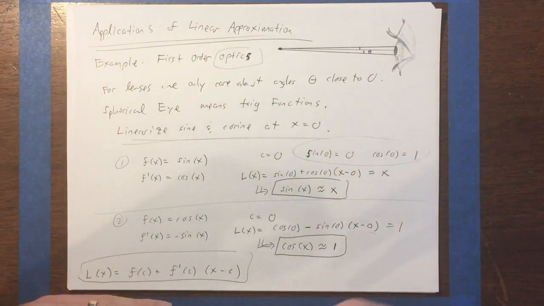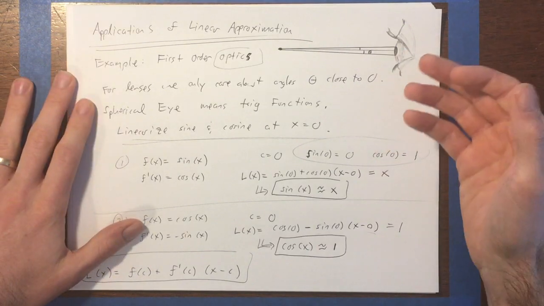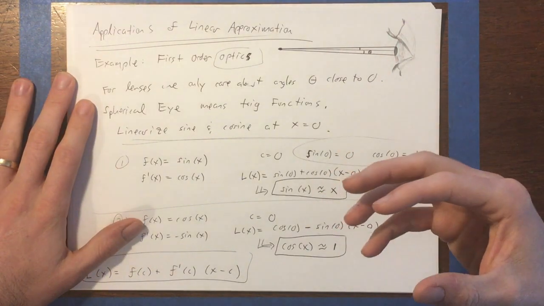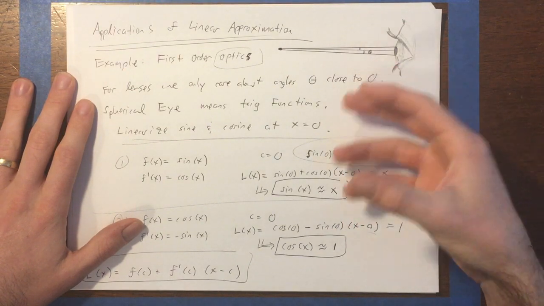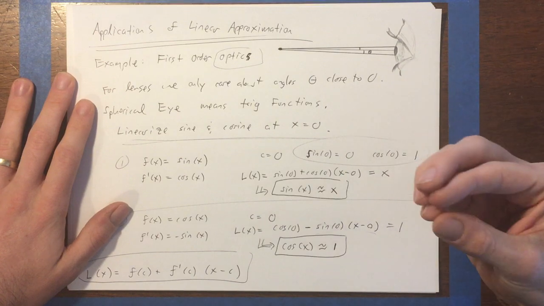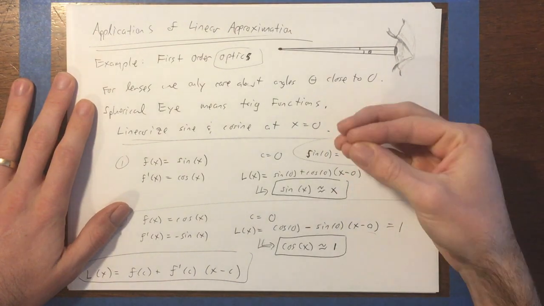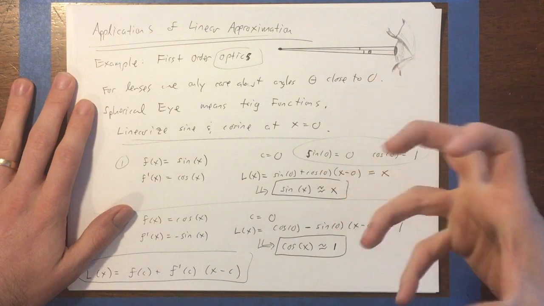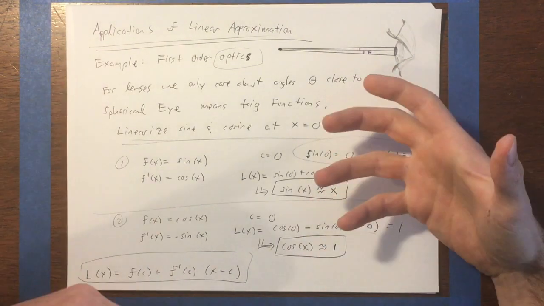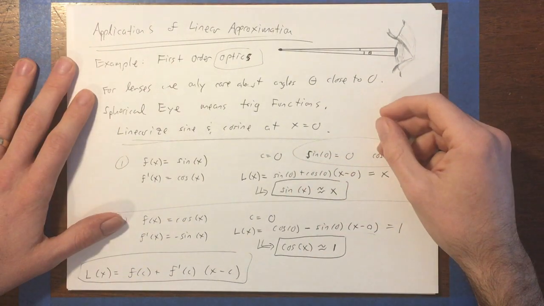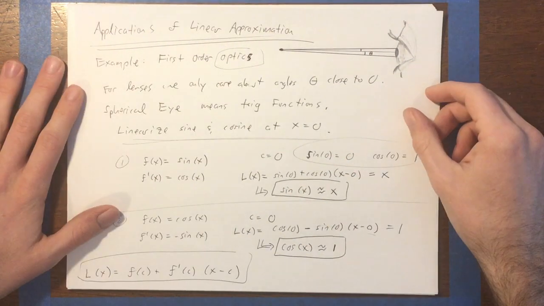For some optical applications you might be working with larger angles, so you might need more accuracy, and you can increase the degree of the Taylor polynomial approximation and get a better function. But it is going to make it more complicated, because the higher the degree, the more complex your function ends up being. So yeah, that is a cool application.